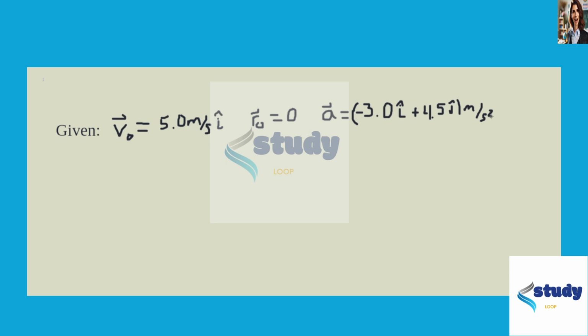Okay. So first thing we can do is we're going to use equation 3-13a to find the velocity. With the constant acceleration, v is equal to v naught plus the acceleration times the time.